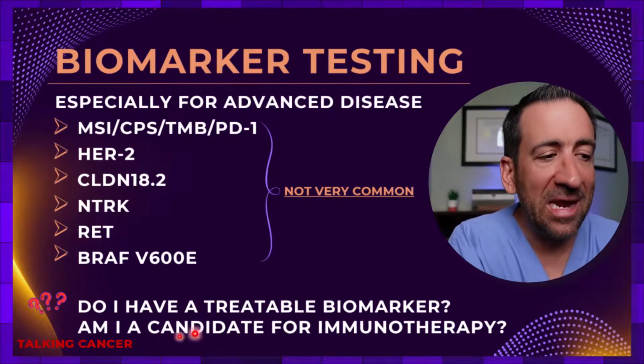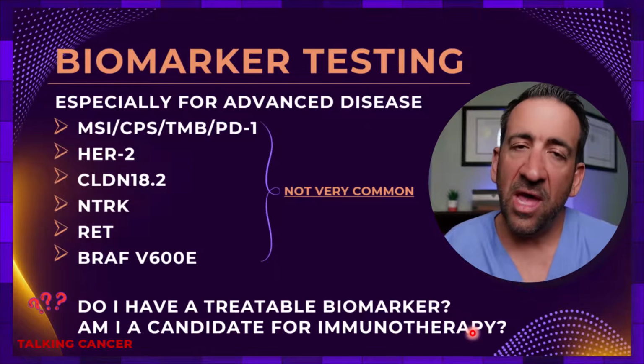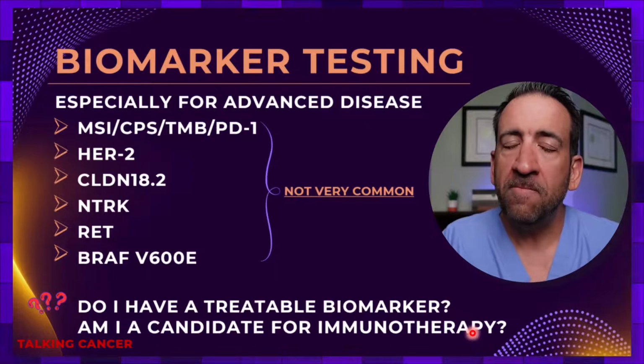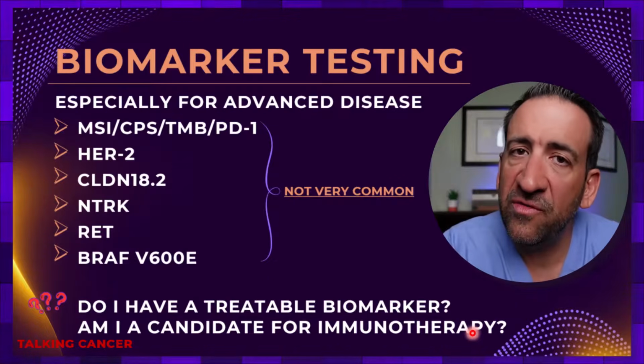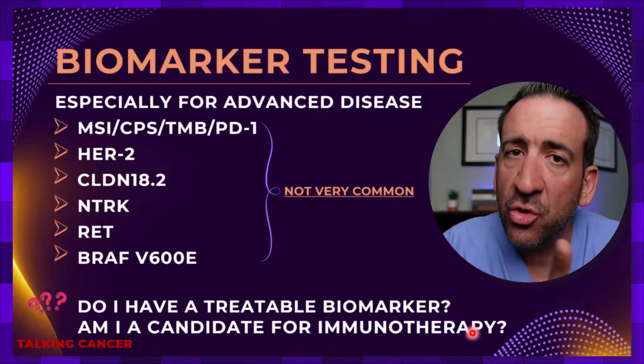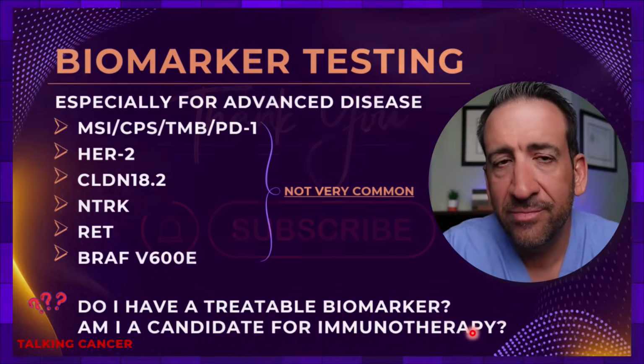Am I a candidate for immunotherapy? Because if you are, then we can provide one of these treatment options, and guess what? You're much more likely to respond, and you're likely to do better. Okay, so make sure you get tested, especially if you have metastatic disease.